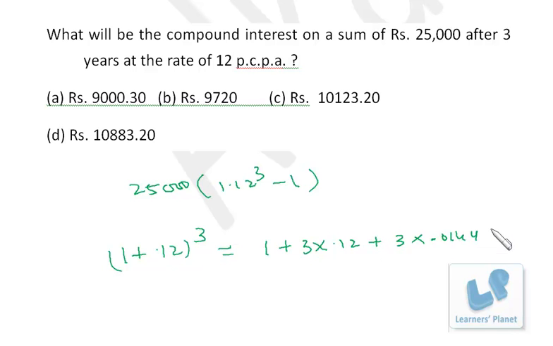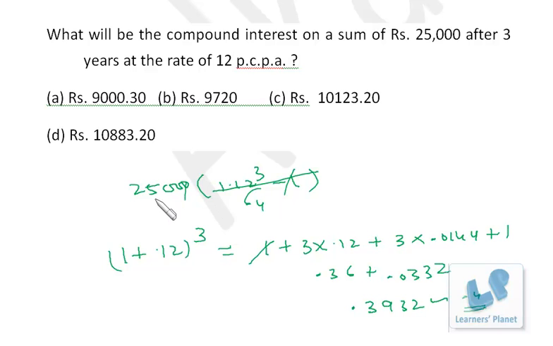So this is 0.36 and this is 3 fours are 12, 3 fours are 12 and 1 is 13, right? So this is 0.3932, or we can say approximately 0.4, right? So this entire calculation is 0.4. We have deducted this one and this one is cancelled. So 25,000 into 0.4, that's 2500 into 4, that's 10,000, right?